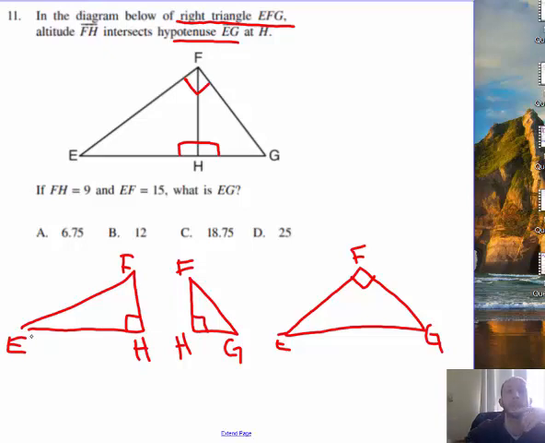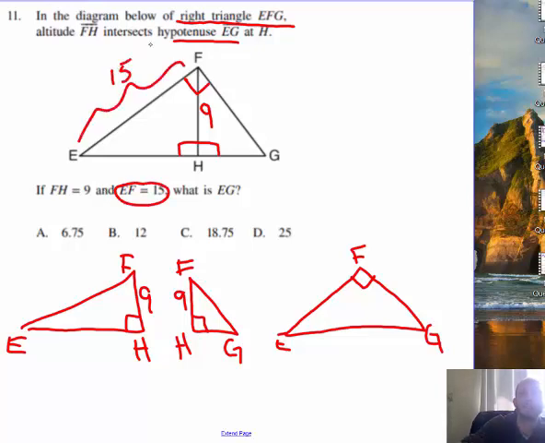And let's start putting some lengths in there. FH is 9, so I've got 9 here and 9 here, which makes me think I'm going to use those ones. We've got EF is 15.